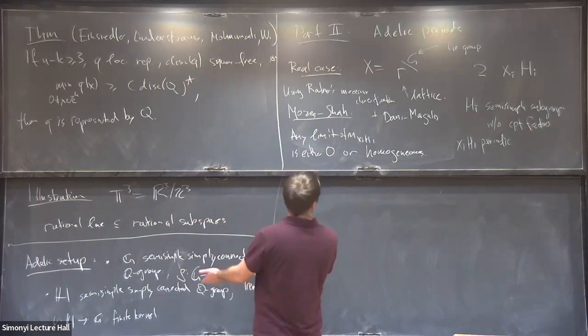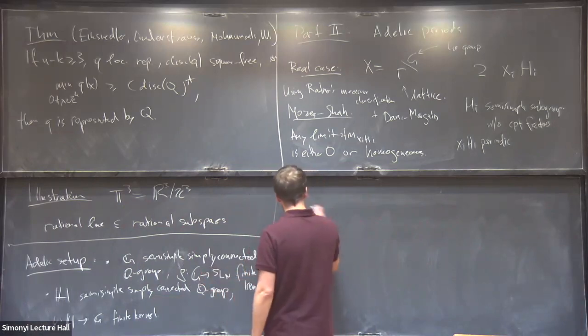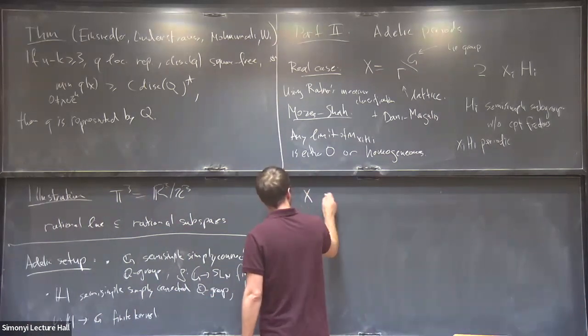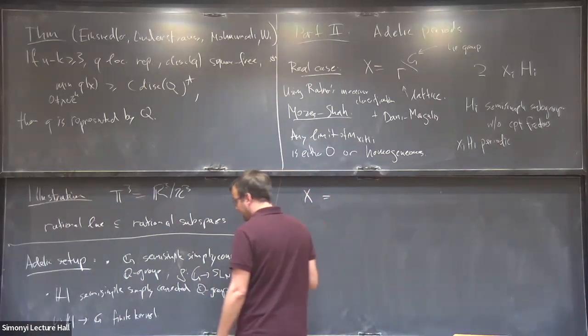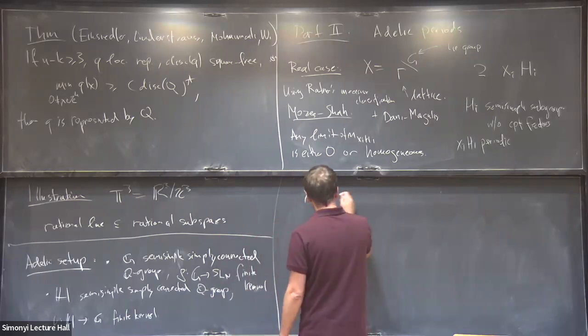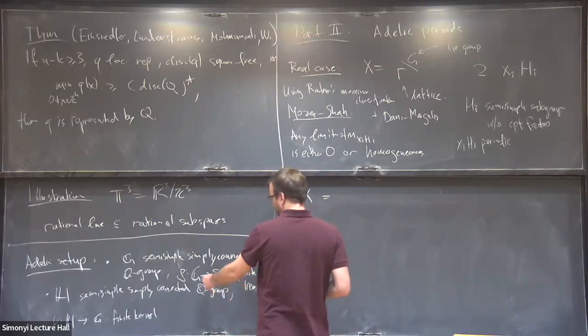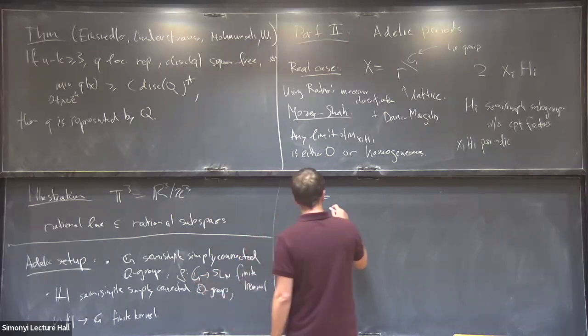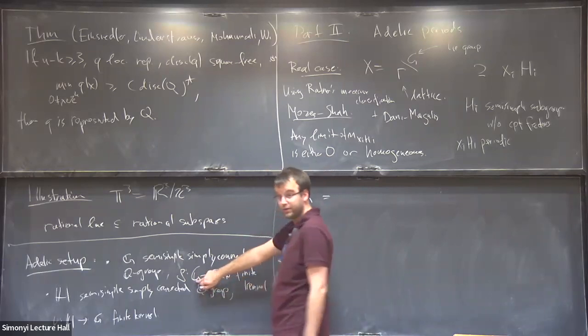So I was promising you orbits, so let me write orbits. The ambient space X, in analogy to what we had up there, is going to be almost the adelic quotient.